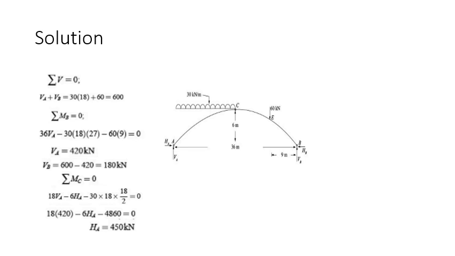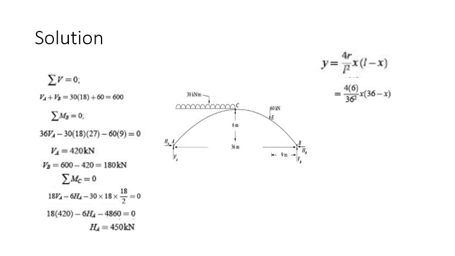If it is asked to find the total reaction, you have to use the formula RA is equal to under the root H square plus VA square. Similarly, RB is equal to under the root VB square plus HB square. So next, we are asked to find the internal forces at the quarter span. So we have to find the height y at the quarter span as well as the angle theta. So use the equation y is equal to 4r by L square into x into L minus x.